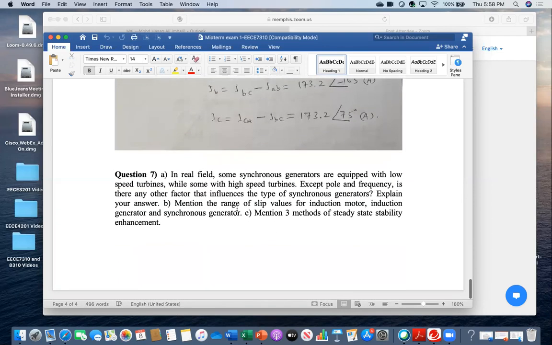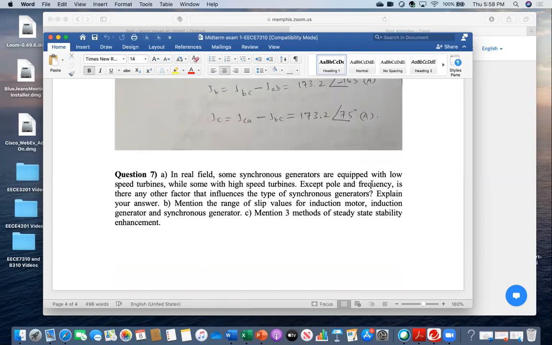Okay, so the last question. In the real field, some synchronous generators are equipped with low-speed turbines, while some have high-speed turbines. So except pole and frequency, is there any other factor that influences the type of synchronous generator?